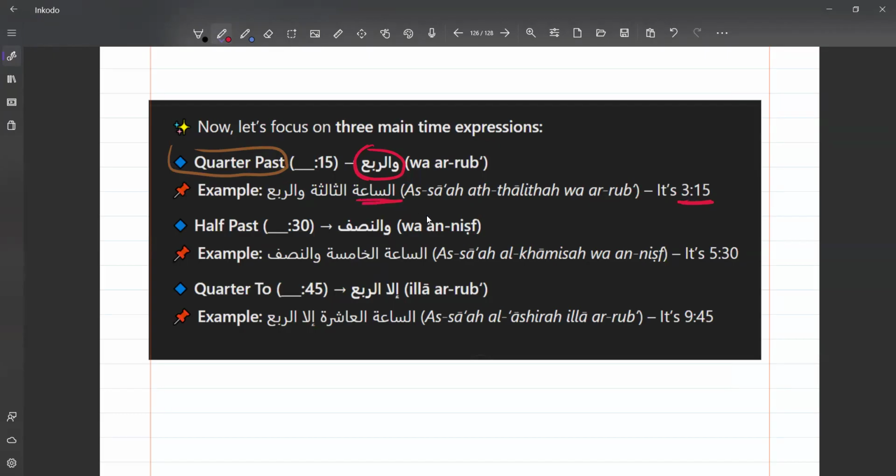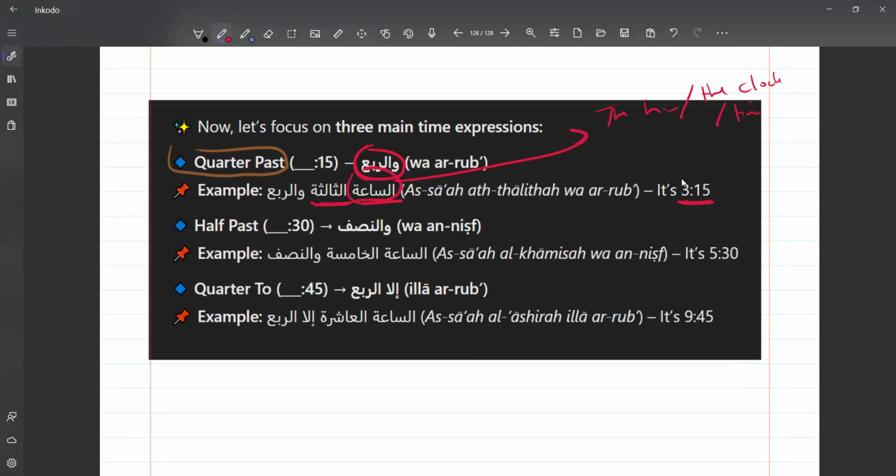Okay, one more rule. Whenever we tell time, we start the sentence with the word as-sa'a, because as-sa'a means the hour or the clock or the time. Then the hour.